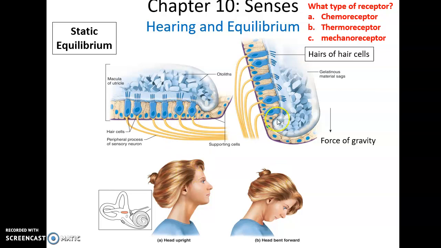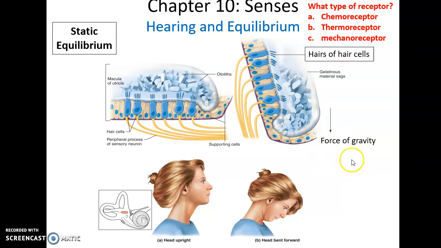And when you change position of your head, gravity will pull on the otolithic membrane, causing it to shift position, to ooze in the direction of gravity. That will bend the hairs of the hair cells, and that is the signal, the sensation that then gets passed on to the sensory neurons.